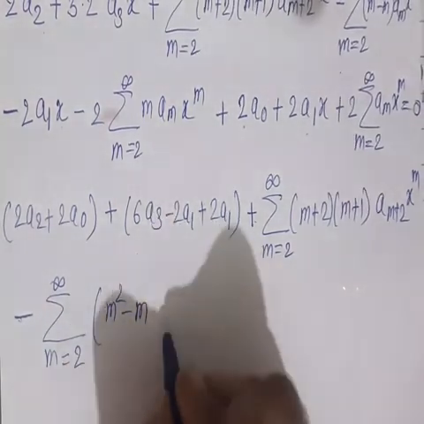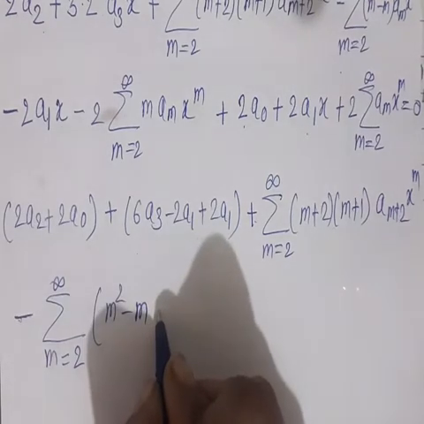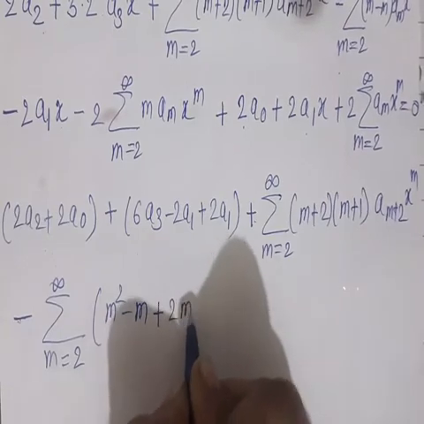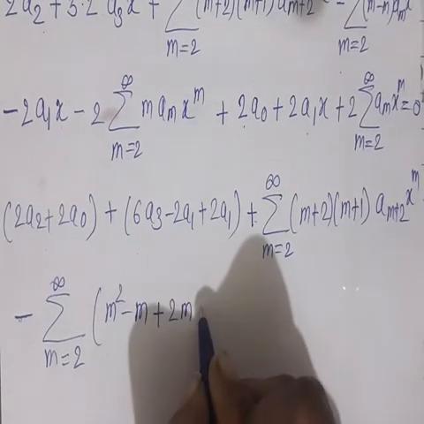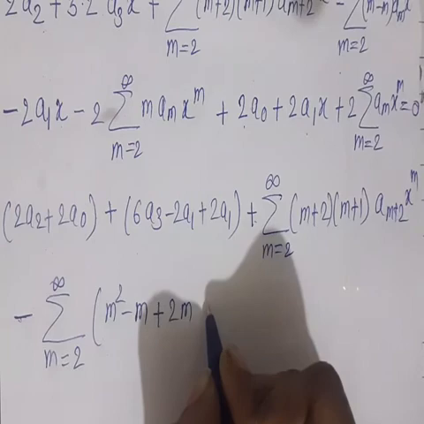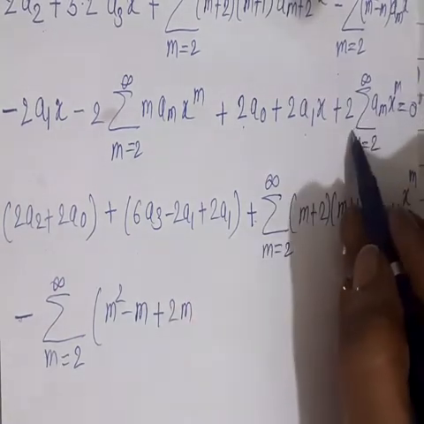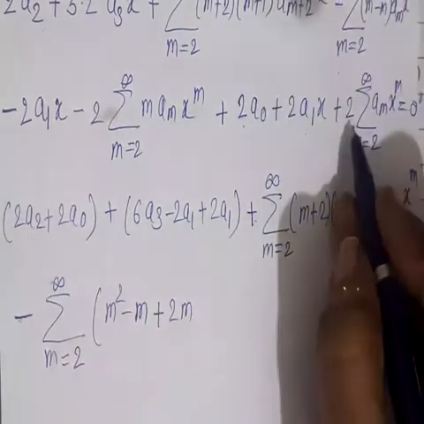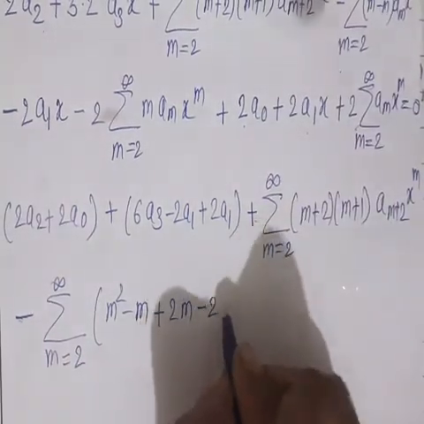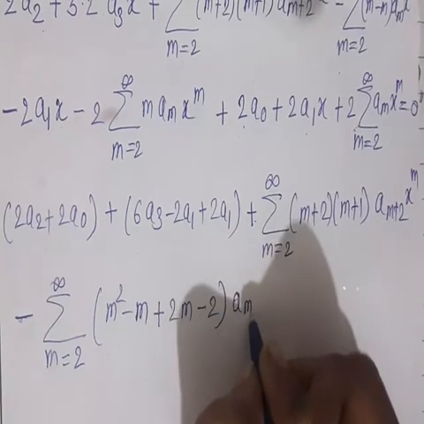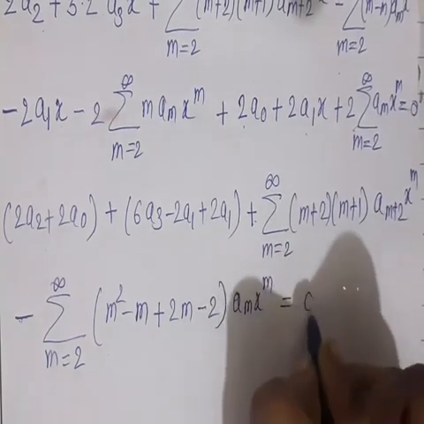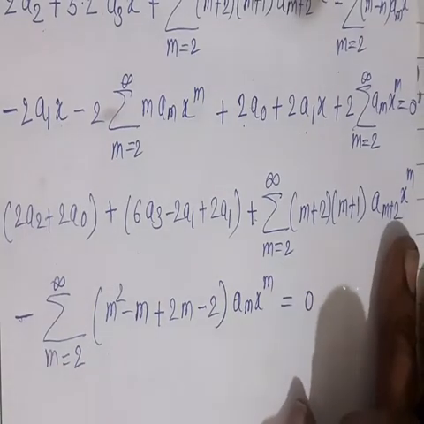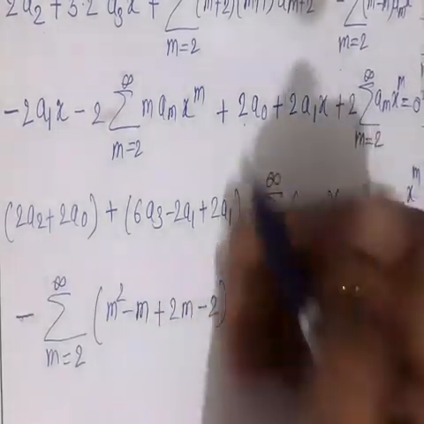Here minus outside, so minus, plus 2m, plus 2m, and the last is plus 2. Now if we take minus outside, it becomes minus 2. Minus 2 multiplied by am x to the power m is equal to 0. Now equate all the coefficients of x to the power m as well as the constant term equal to 0.